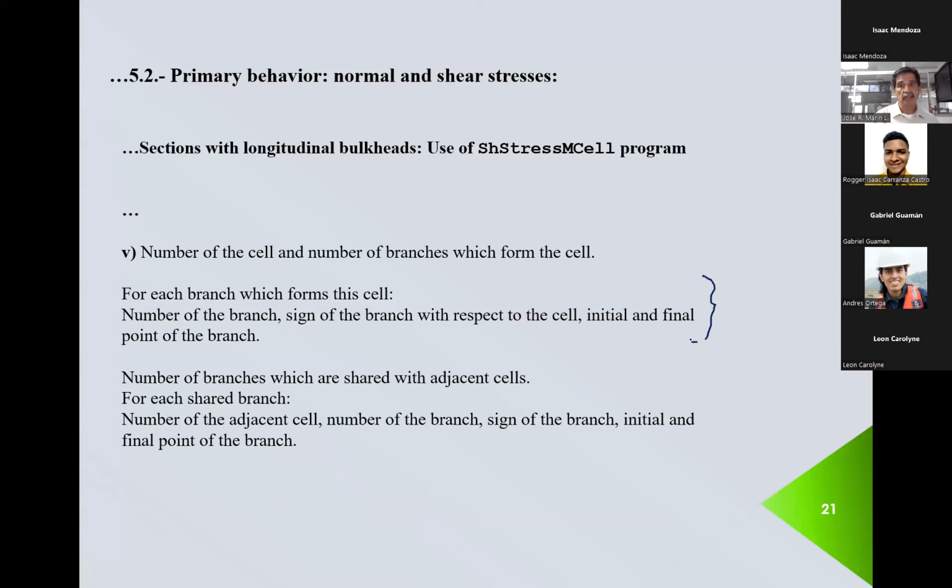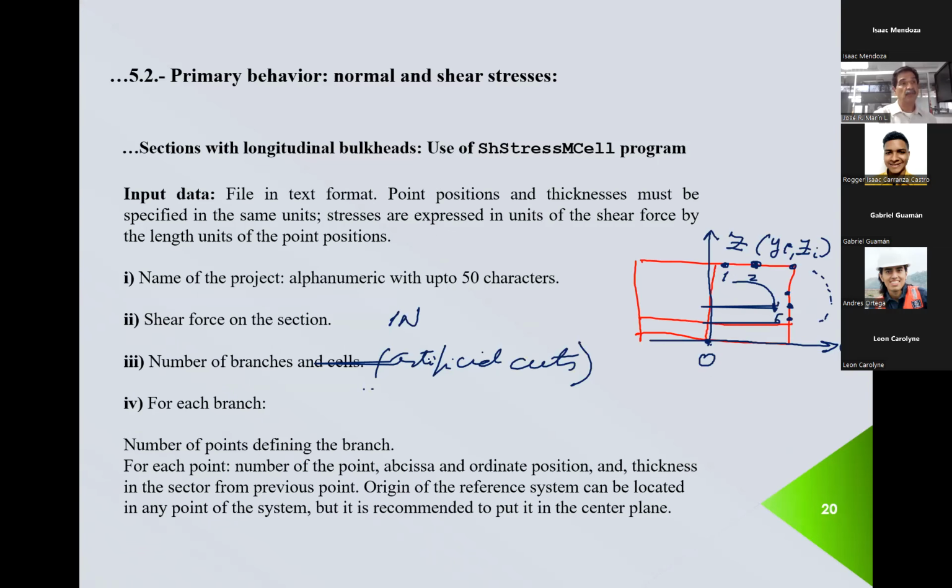This is form each branch, and this is the neighboring cells, okay? So for each cell, in this case, you have 4 cells.